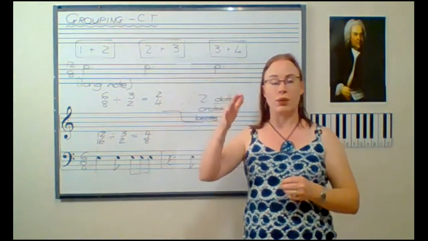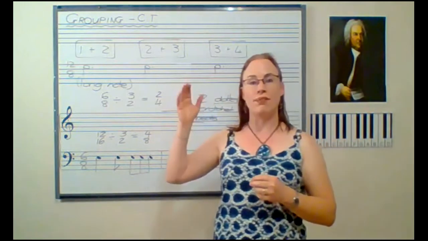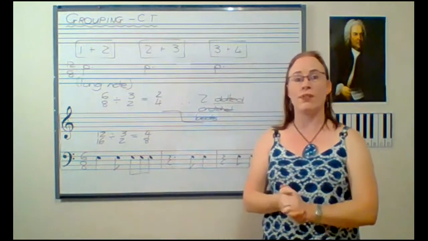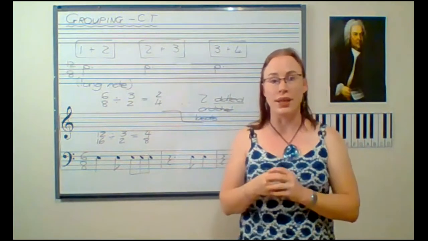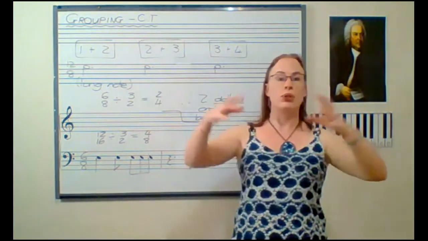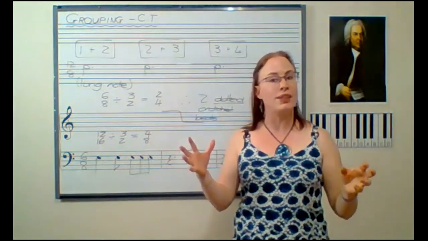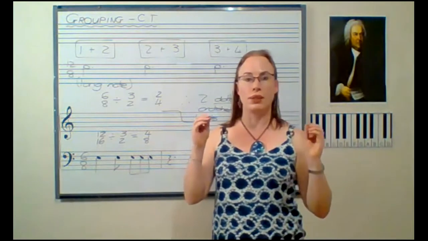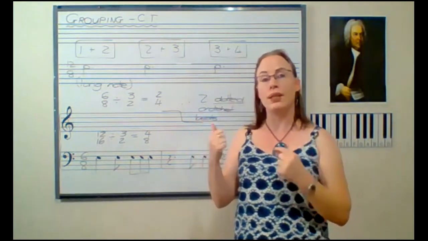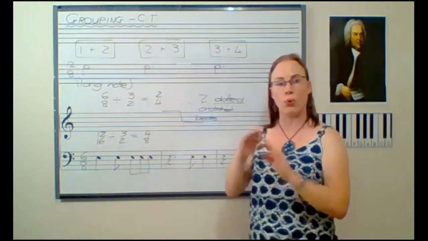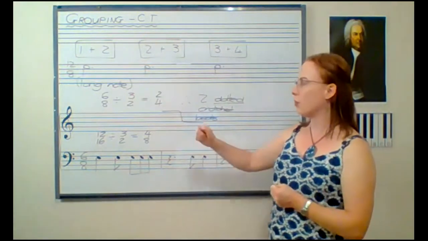3/4 means that you have 3 crotchet beats in a bar. With 6/8, the only thing that you get out of that is that the total of the bar will add up to 6 quavers. It doesn't tell you anything about the beats, and that's why you need to do this calculation. You're going to use the same calculation for all your compound time signatures.